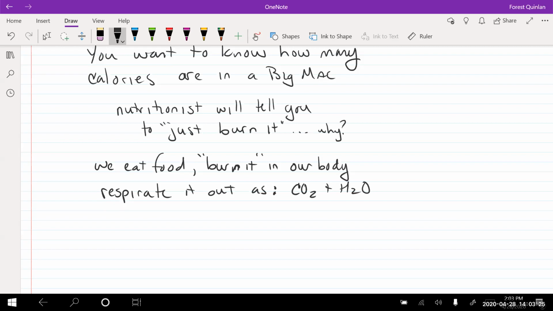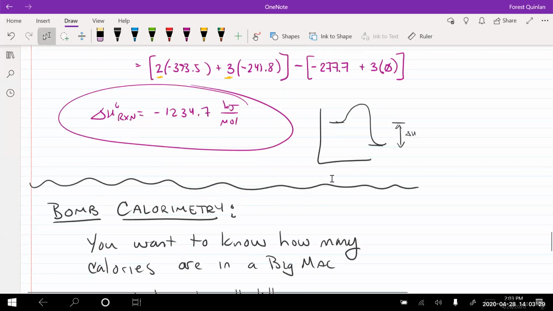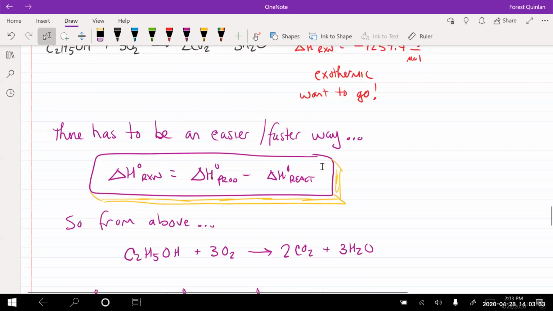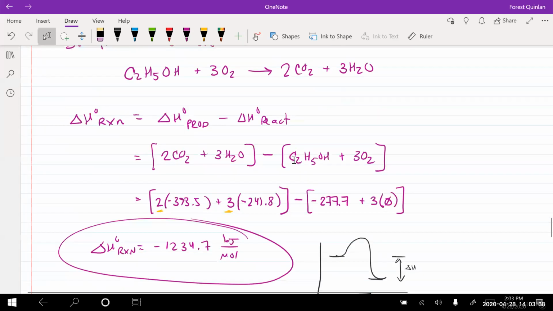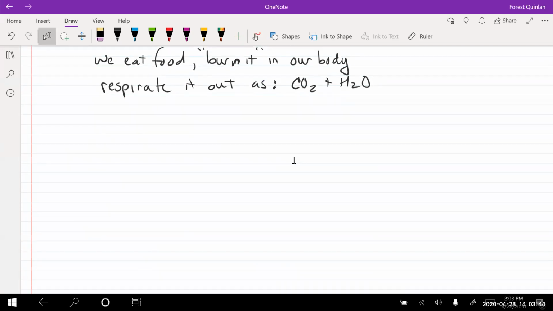You guys see the patterns here? Do you guys see what's going on? I got a CO2 and water over here that I'm going to make. And oh, what have we been working with? CO2s and H2Os. Most of the things that we want to figure out how much energy they are typically are combustion reactions. Now, there are others, but most of the things we care about are combustion.